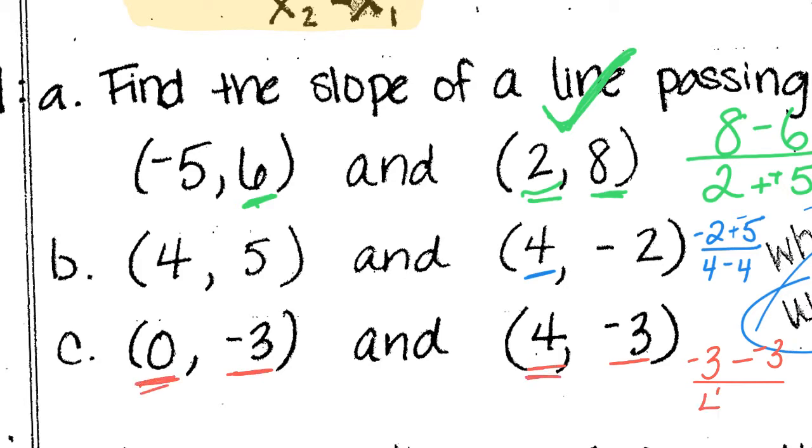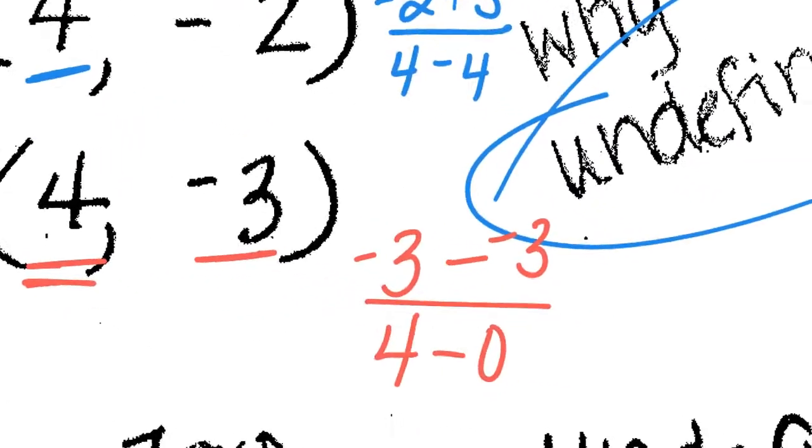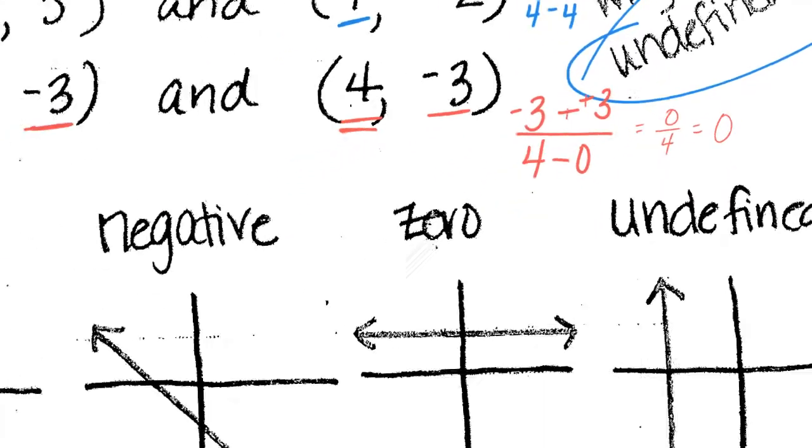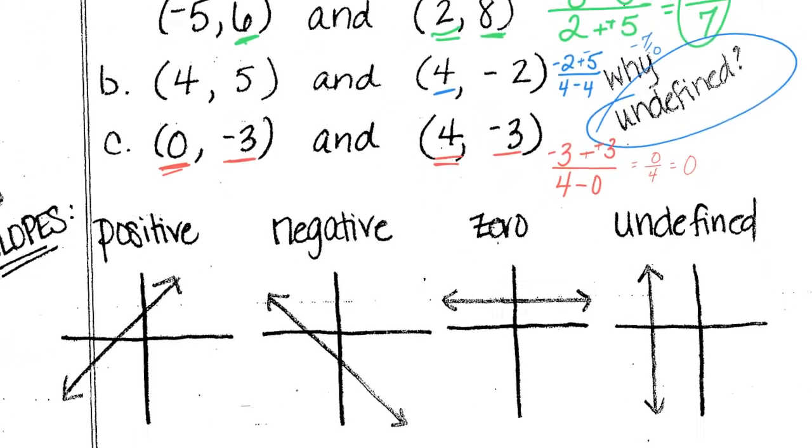I have 4 minus 0. And negative 3 minus a negative 3 is 0 over 4. And notice this slope is going to be 0. Is that going to be a vertical or horizontal line? Horizontal. Very good.